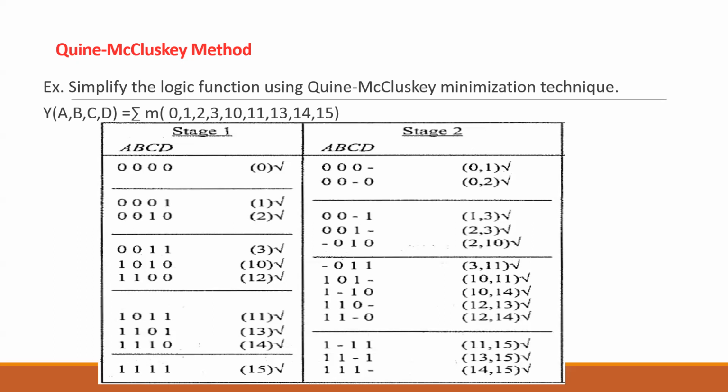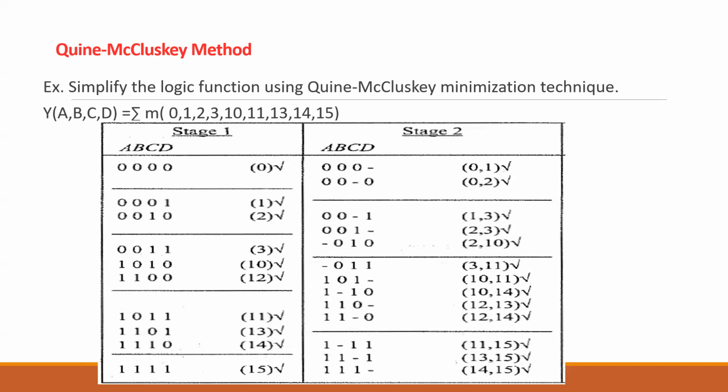0 and 1 are compared, and the first bit is different. That's why in the second step, the minterm group is marked as 0, 0, 0, dash, and the minterm pair is 0, 1. Similarly, 0 and 2 are compared, and we get the term as 0, 0, dash, 0 because a single bit difference is applicable.